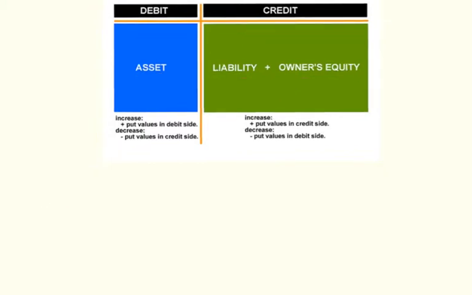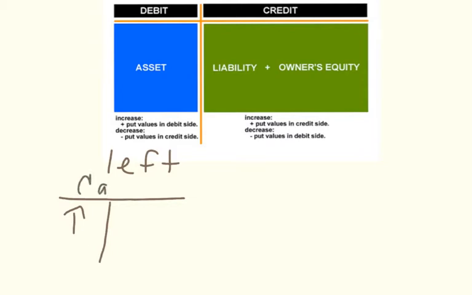So let's look at this a little more closely. If you look at this figure, it shows that since assets are on the what side of the account? Left. Then to increase an asset, it would be on the debit side of the T account.